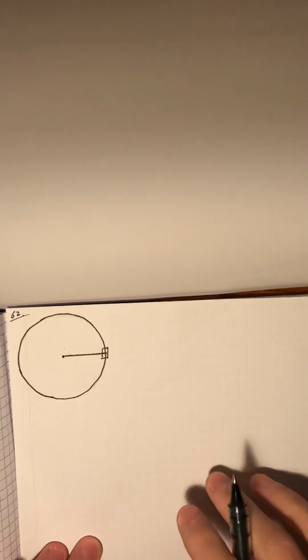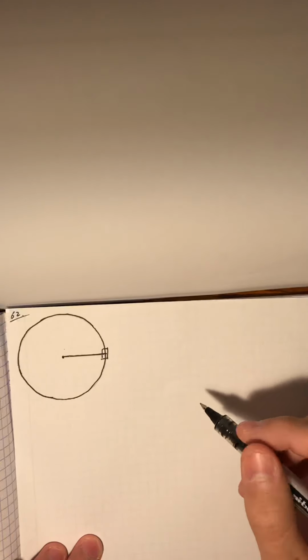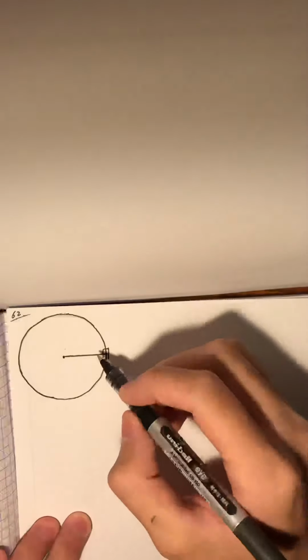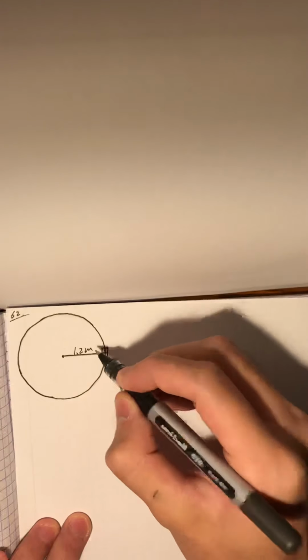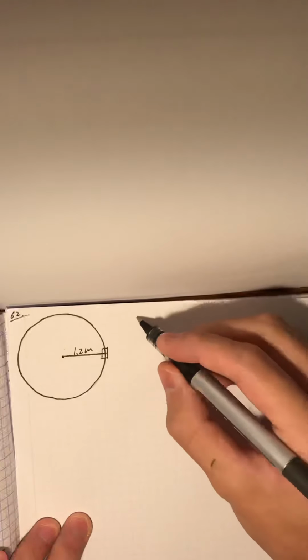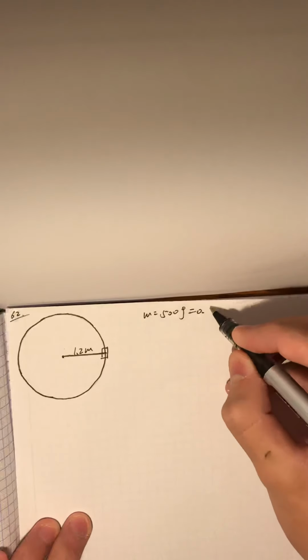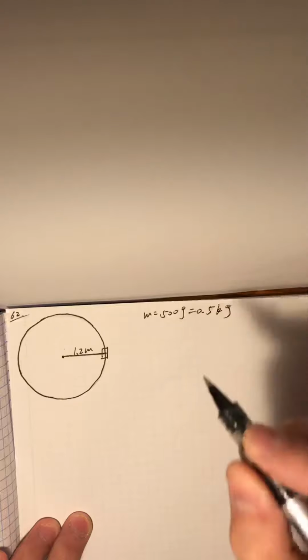Problem 62. A 500-gram steel block rotates on a steel table while attached to a 1.2 meters long hollow tube. So the tube is 1.2 meters and the mass of the block is 500 grams, which is 0.5 kilograms.